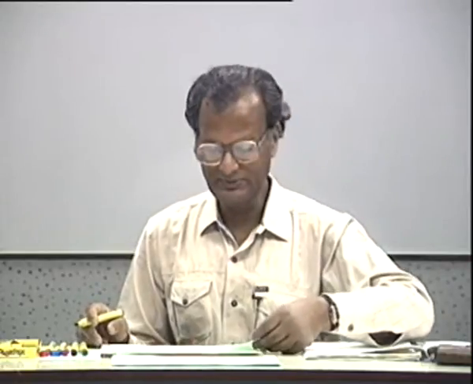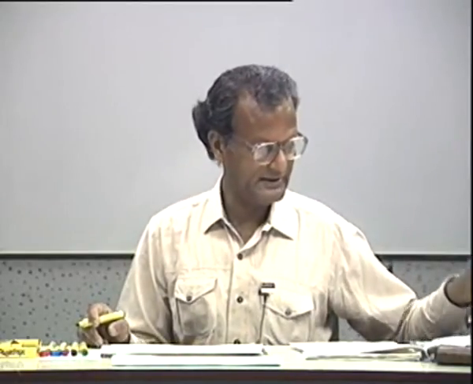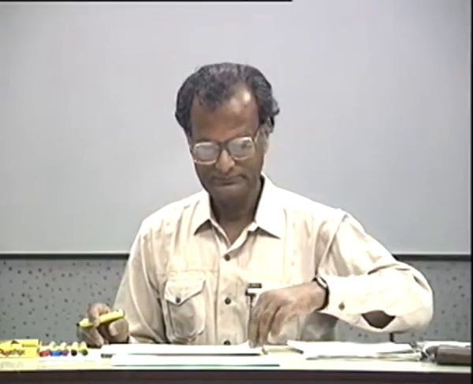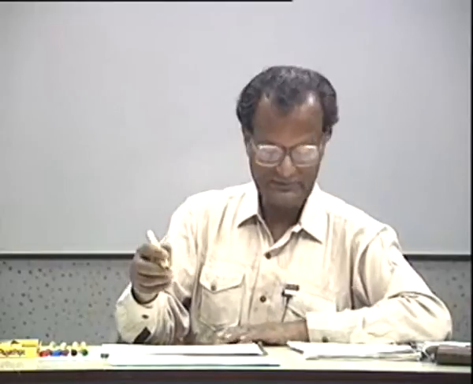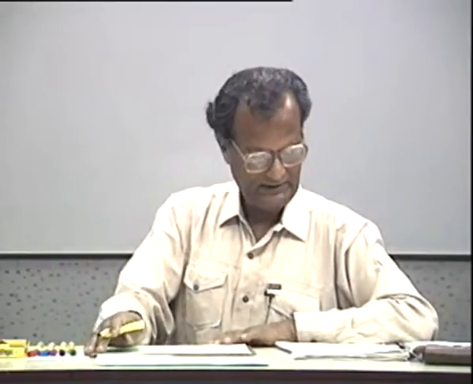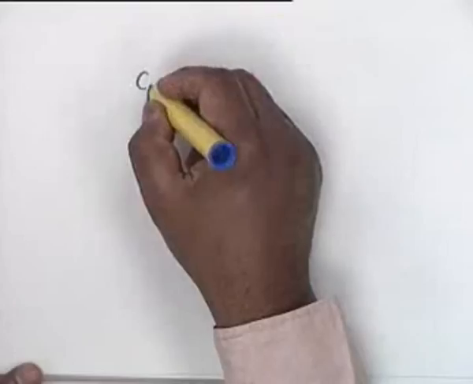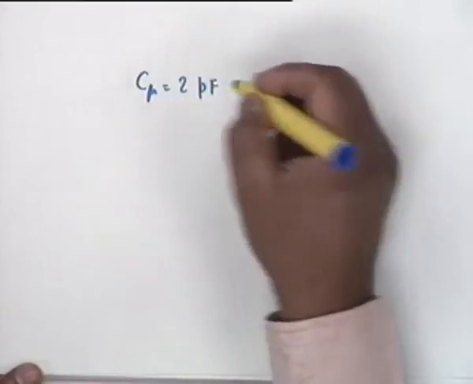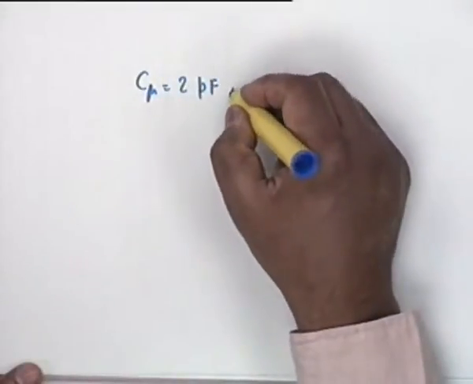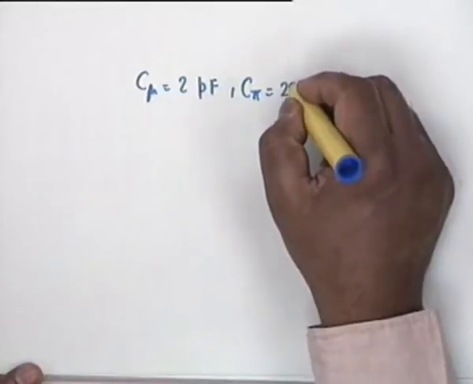Let us take a specific example. The example that we had considered, we required some extra values. Let's have C mu equal to 2 pF, C pi equal to 25 pF.